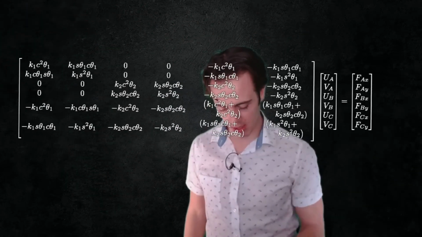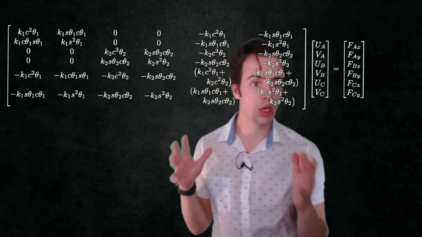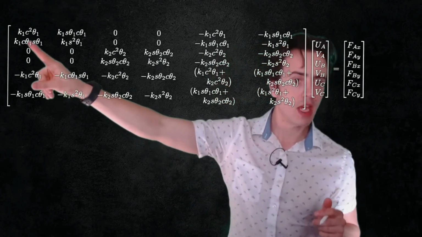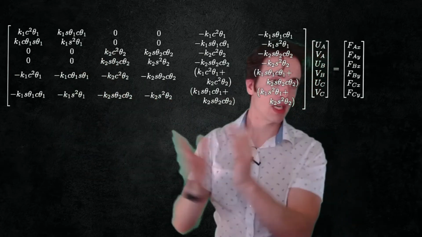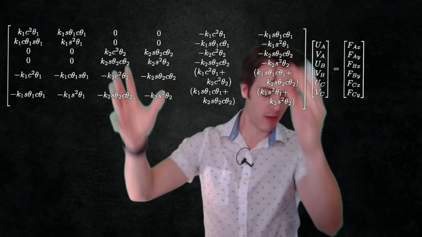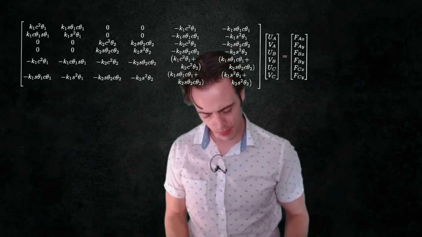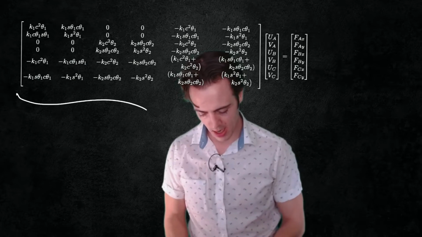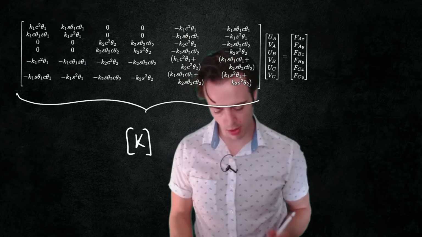Then I've introduced this matrix again using white on black, so we should be able to see what's going on. C just means cosine, S means sine, just for shorthand, which helps us look at how this works without big long sines and cosines, because this is already quite a messy relationship. This is our global stiffness matrix for the problem.